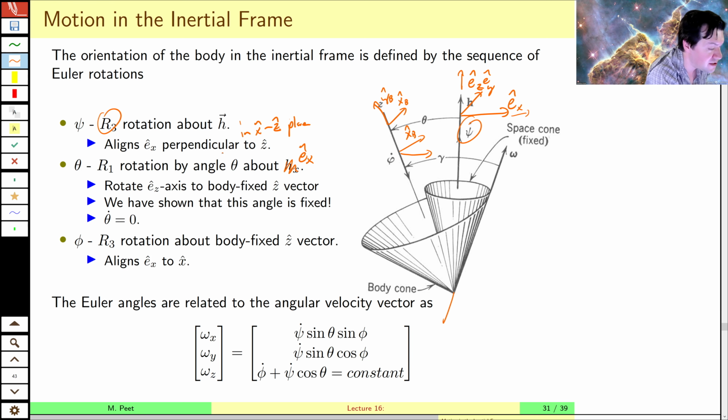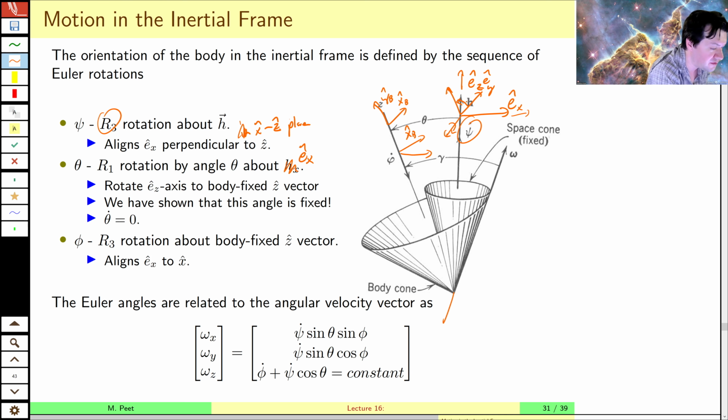The first one rotates the x-axis until it's perpendicular to the z plane. Now we rotate about this E hat x direction until our z coordinate right here, that's the theta, lines up with the z coordinates.